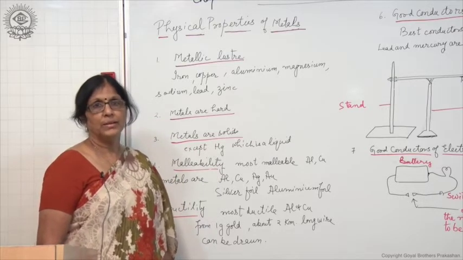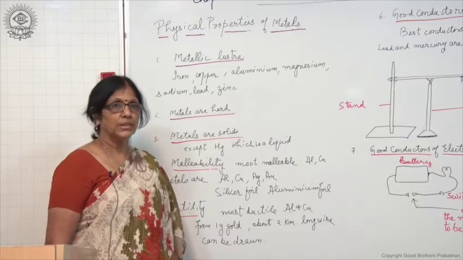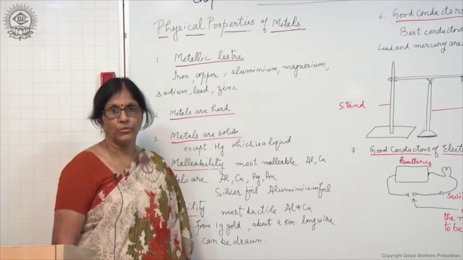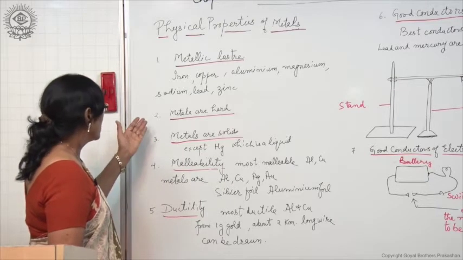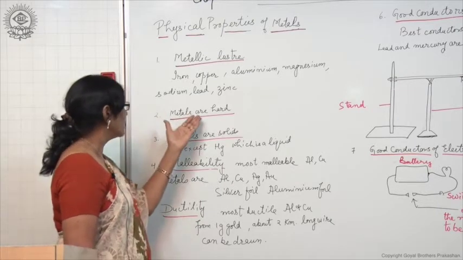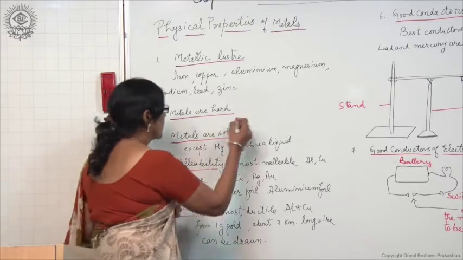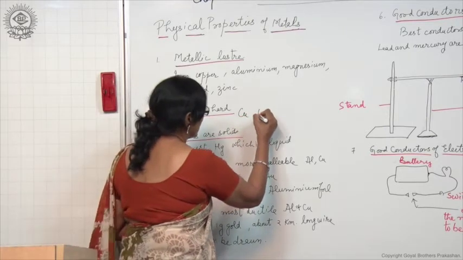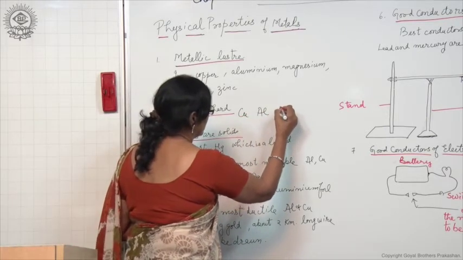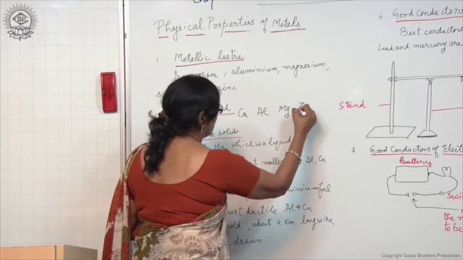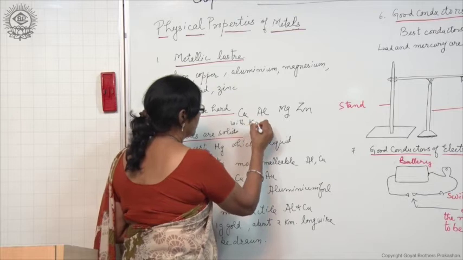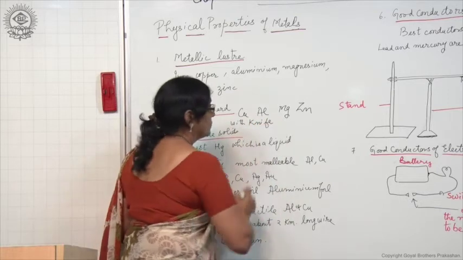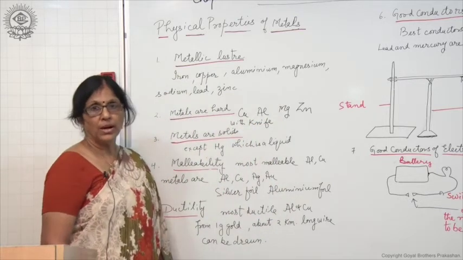You can see in the lab the sodium metal, which is very soft. And if you want to cut metals like copper, aluminium, magnesium, zinc with a knife, will you be able to cut it?